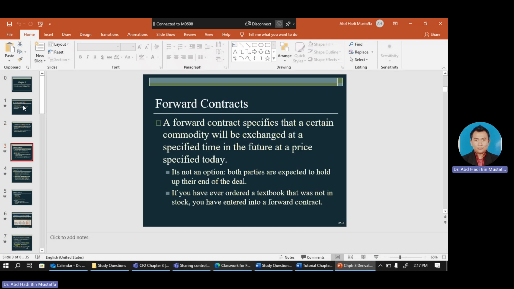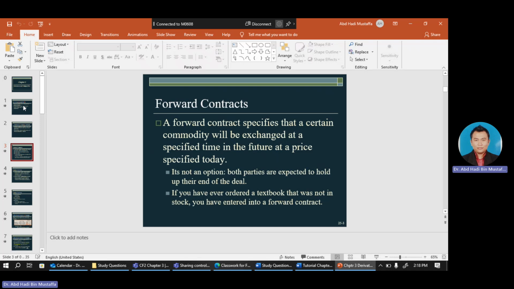Okay. I'm not going to go into forward because, like I told you in the previous derivative classes, forward is illegal. Sebab apa? Forward ni dia tak ada standardized contract dan dia macam deal macam tu je, macam kat kedai kopi lah contohnya. Forward dengan futures benda yang sama, it's the same thing.